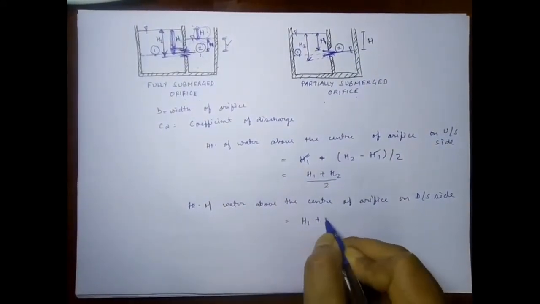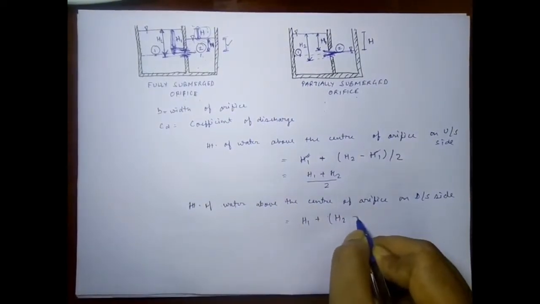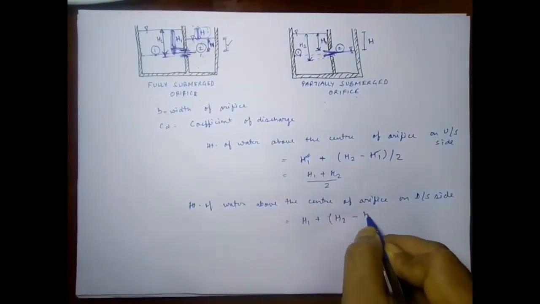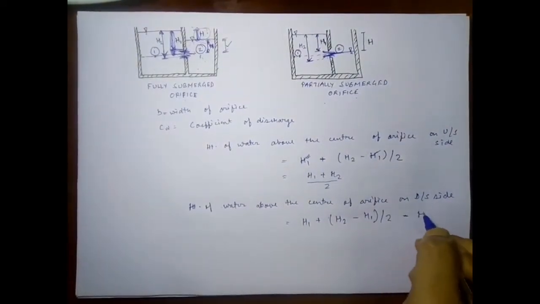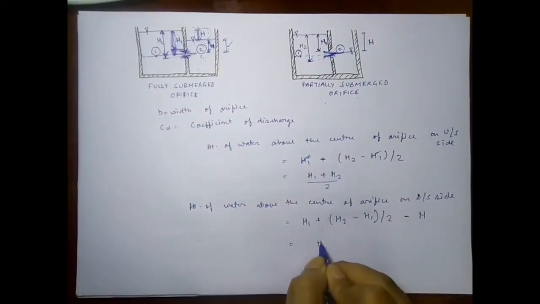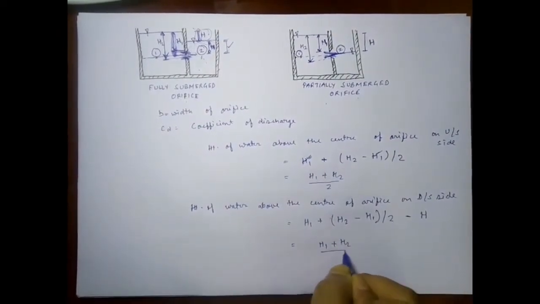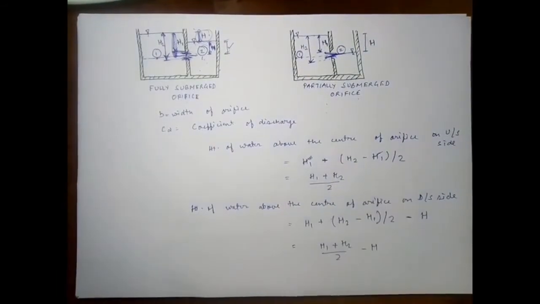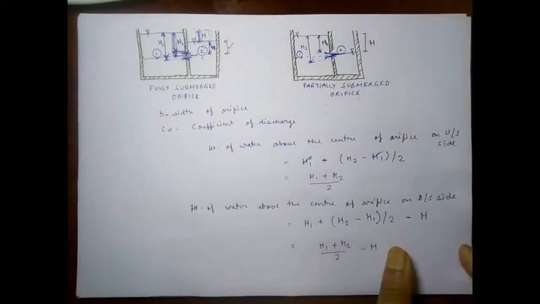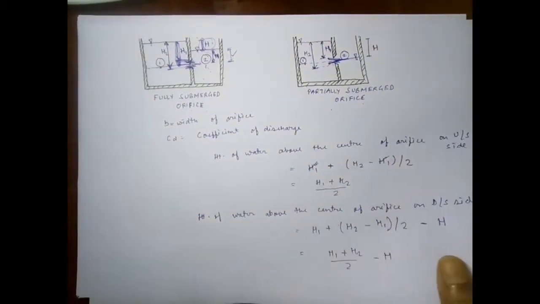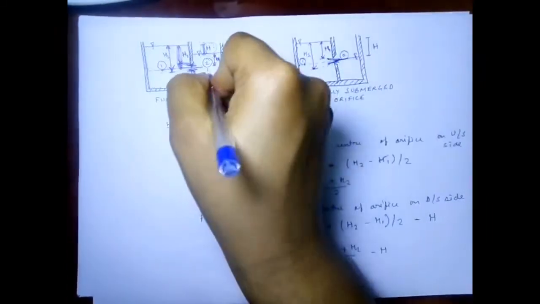H1 plus H2 minus H1 by 2 minus capital H, and it will be simplified as H1 plus H2 by 2 minus capital H, and let's just keep it like this. Now let's apply Bernoulli's equation in section 1 and section 2.